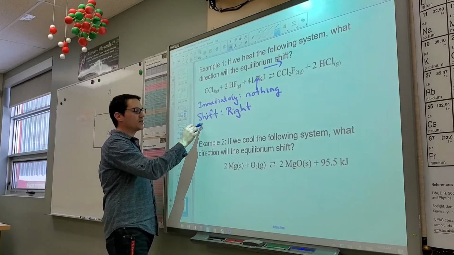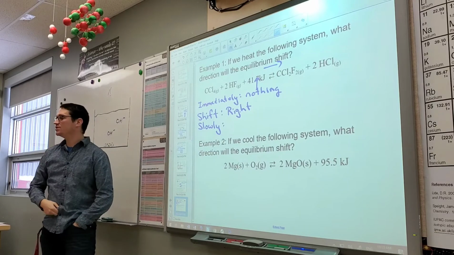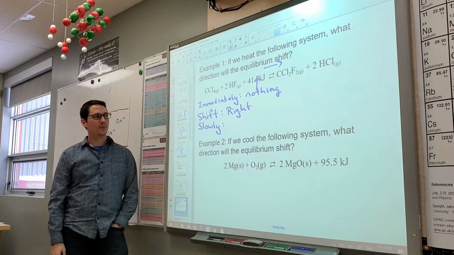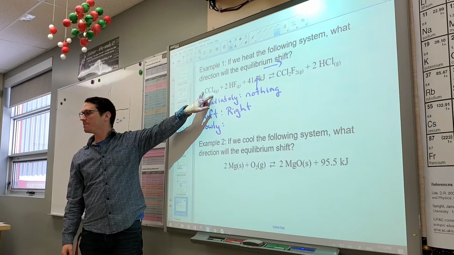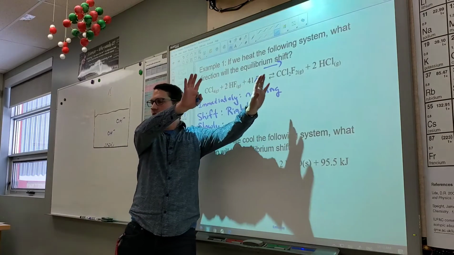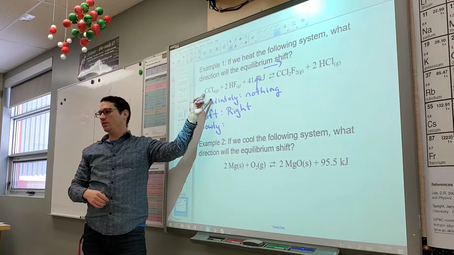And because I shift to the right, what slow changes are we going to see? What's going to happen to CCl4? If we're shifting to the right, does that mean we're using it up or are we making more of it? We're using it up.